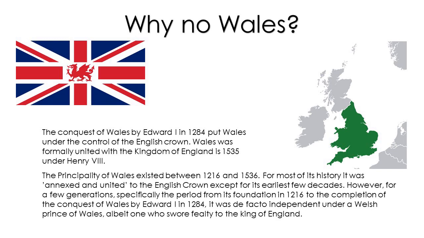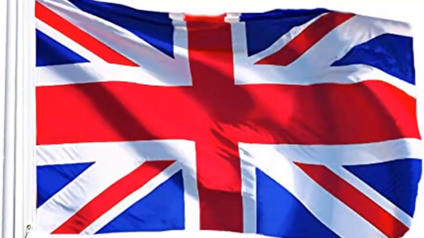So this is the flag that we have come to know as the Union Jack, the Union flag of Great Britain and Northern Ireland, of the United Kingdom of Great Britain and Northern Ireland. There have been disputes over the years of whether it's right to call it the Union Jack when it's on land or sea, or is it called the Union flag?